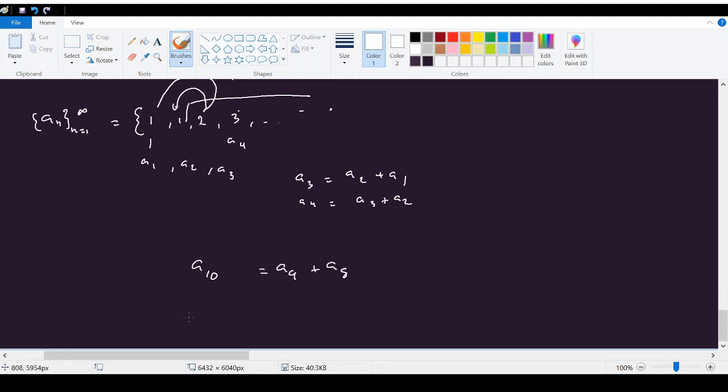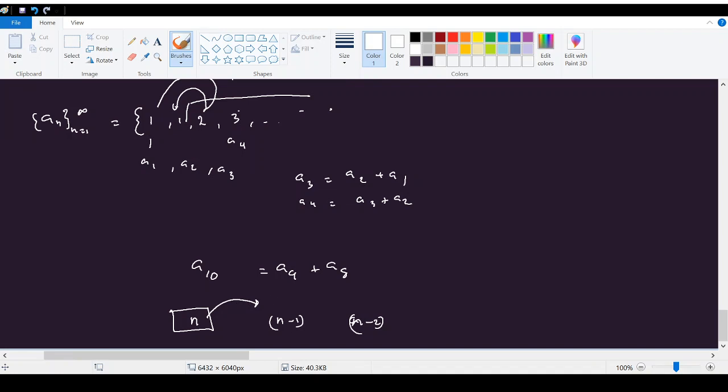So to compute a certain term, we will need the n minus 1th term as well as the n minus 2 term, right? We needed the closest 2 terms. So these types of relationships are called recursive relationships. That means in order to compute a certain thing, we will need the values of the terms before that.